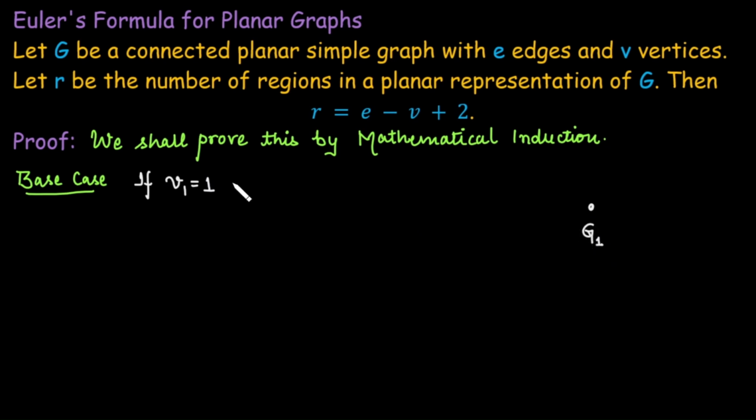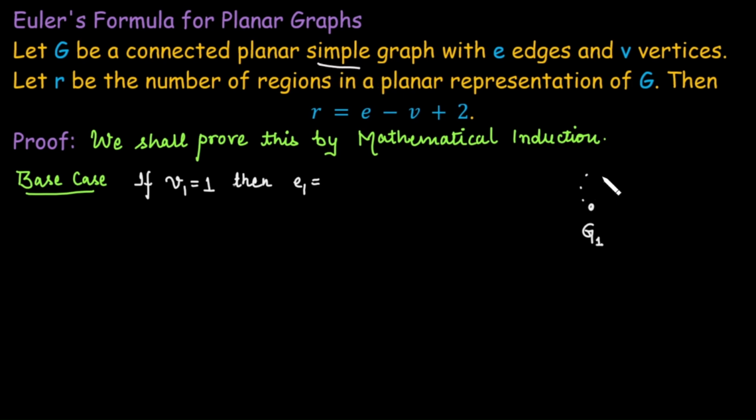How many edges can we take in this case? As the graph is connected, planar as well as simple, it means there is no edge. Why? Because we cannot take a self loop in this case. If we take a self loop, then the graph is not a simple one.